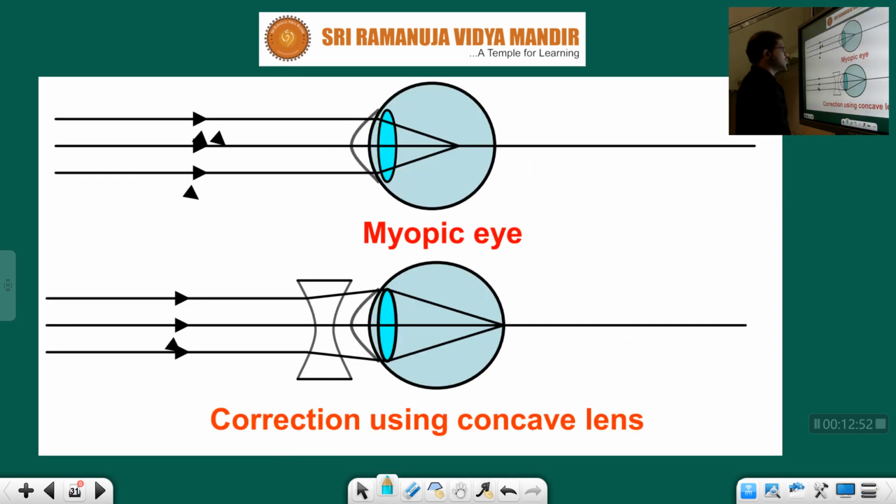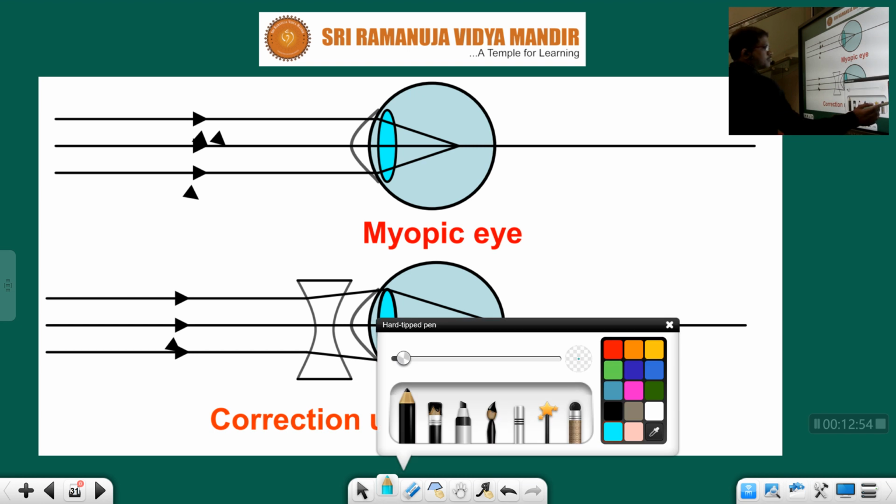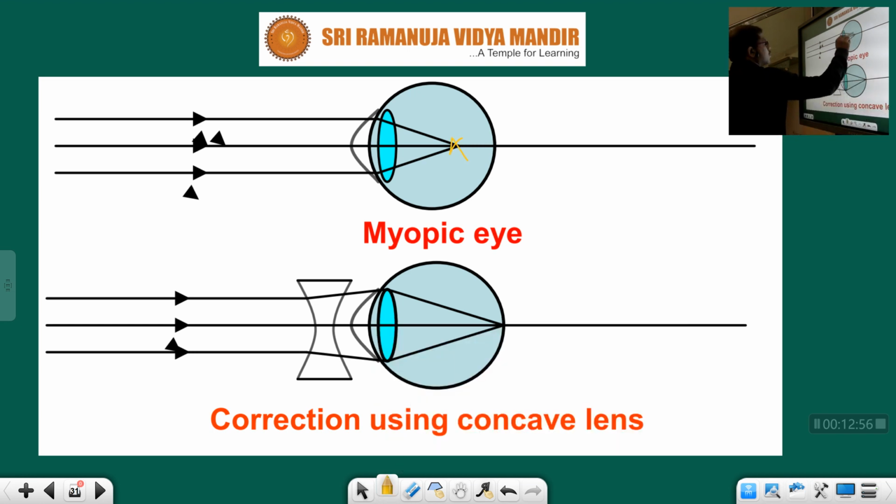Okay, children. See here another picture. Actually it should fall here, on the retina. But where is the image forming, children? In front of the retina. So we can't capture it anyway. Next, correction using a concave lens. As soon as we placed this concave lens, what happened? The light rays, see, children, from here to here.